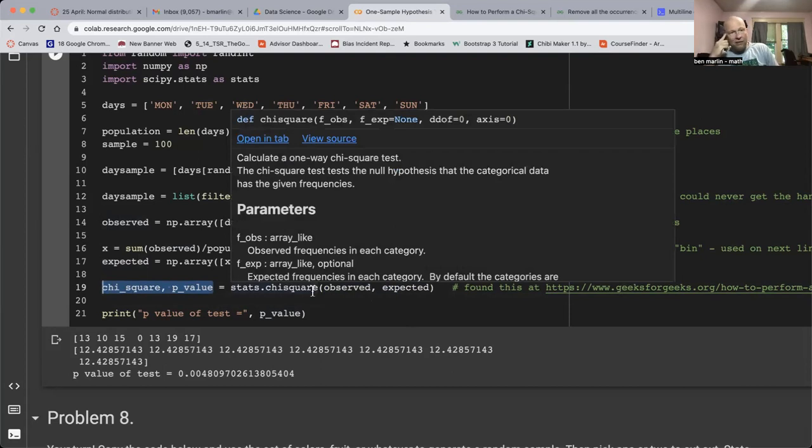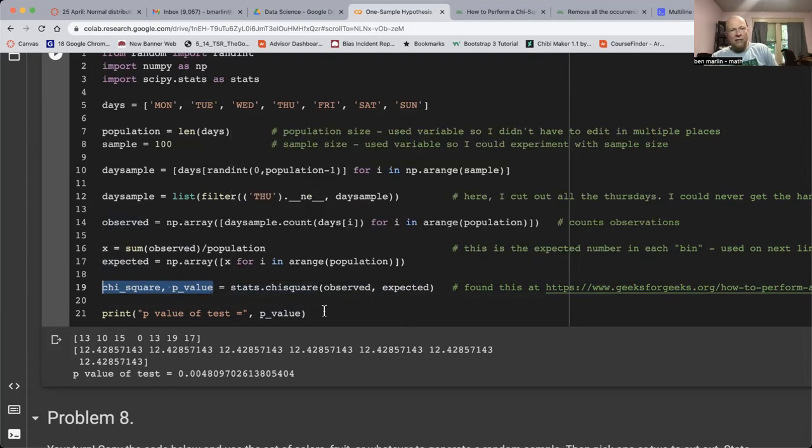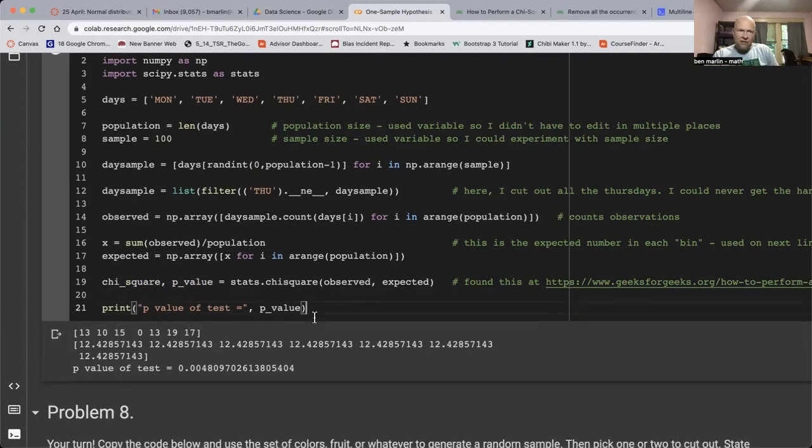The chi-square turns out to be something that some statisticians need to look at. So I mentioned it in here just in case you ever see that come up from some other class. But what we're really looking for is the p-value for it, and we get that to print out. Okay, so hope that makes sense.